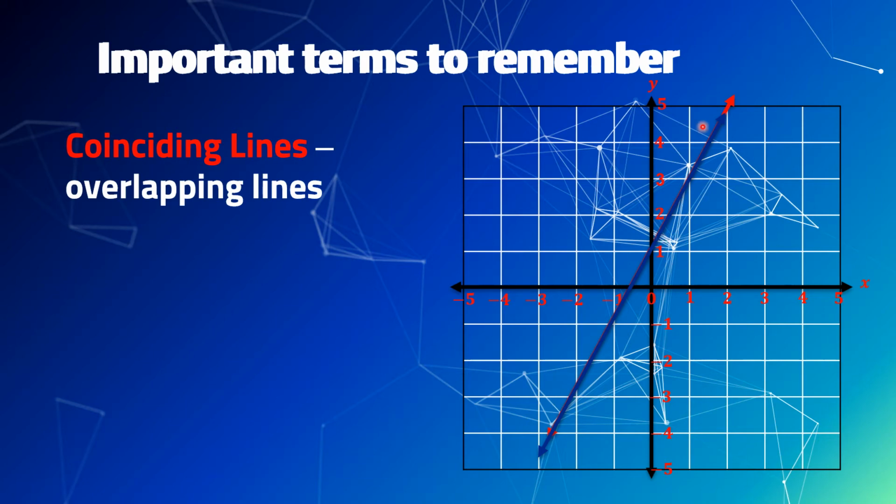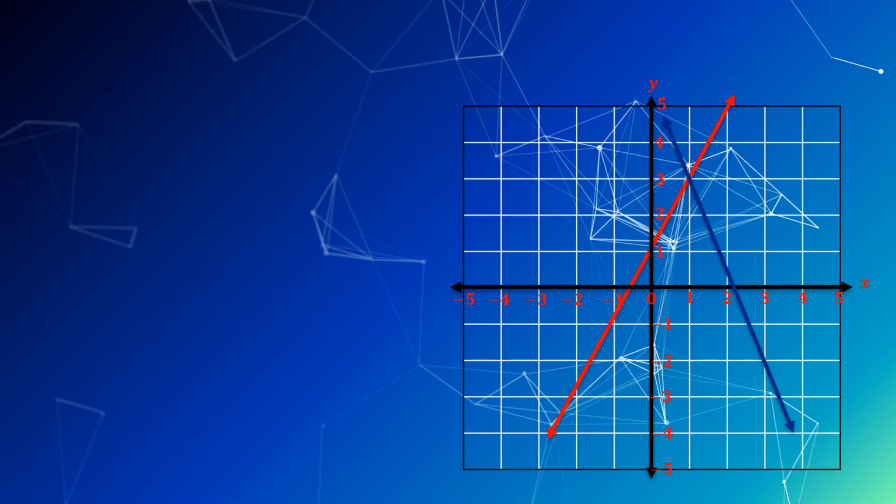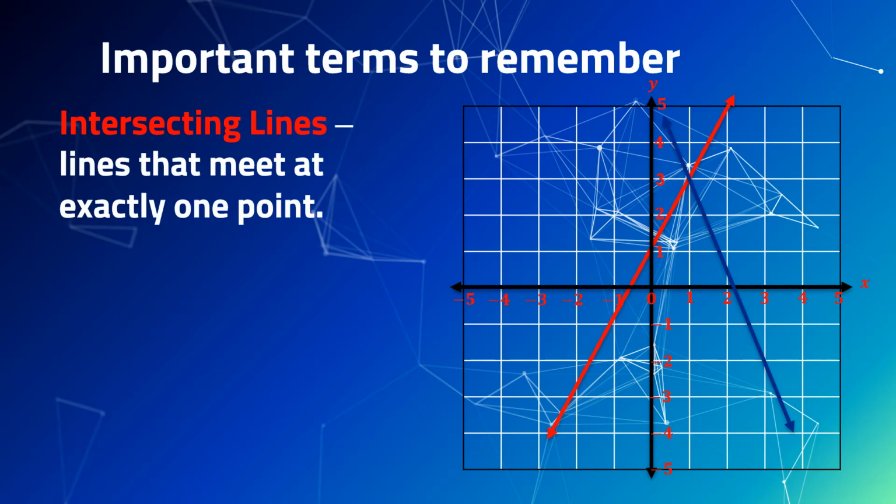If these two lines intersect at several points, therefore there are many solutions present in these two lines. The next term is very common to us, what we call intersecting lines, or simply lines that meet at exactly one point. In this one, we have here the point (1, 3). This is what we call the point of intersection of these two different lines. So these two lines are intersecting lines.